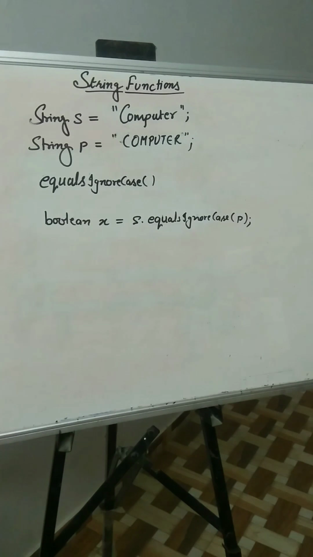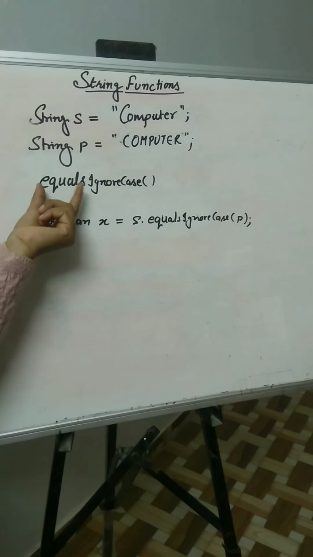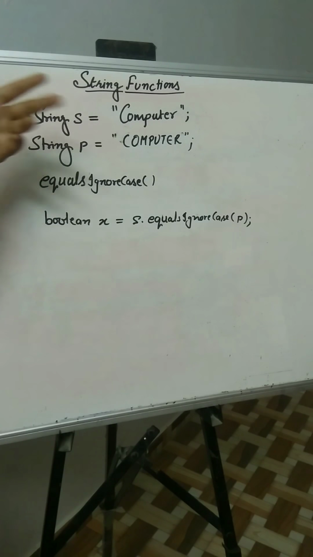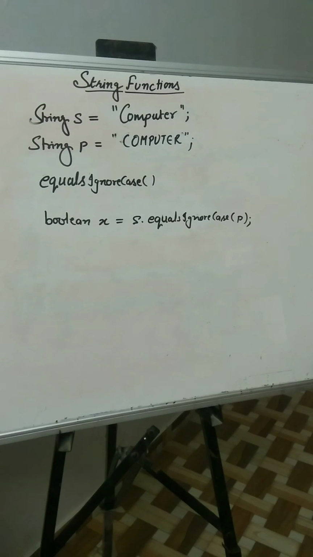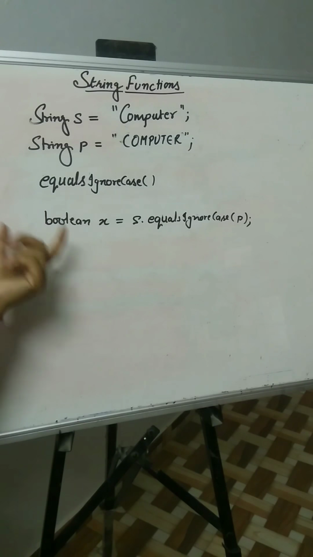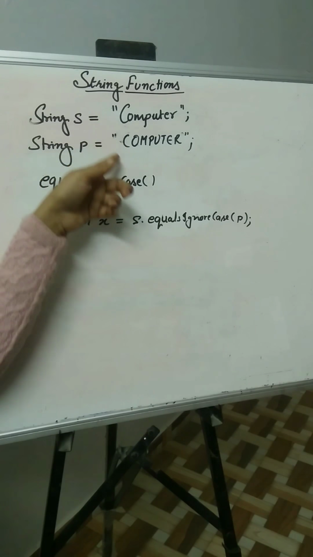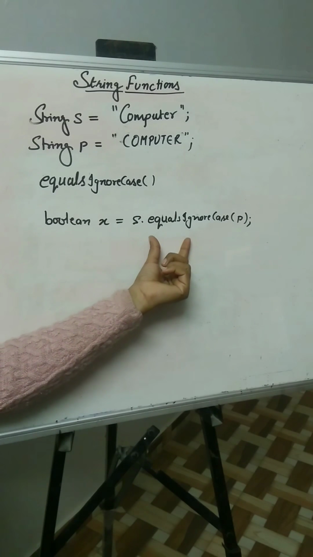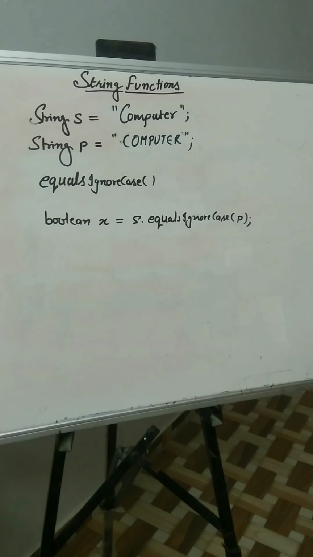Whether it is a capital letter or a small letter, it ignores it. But the equals function treats capital letters and small letters separately. So with equals, these strings are not identical, but with equals ignore case, these strings are identical, meaning the result is true, but with equals the result is false. Clear? These two functions, equals and equals ignore case.